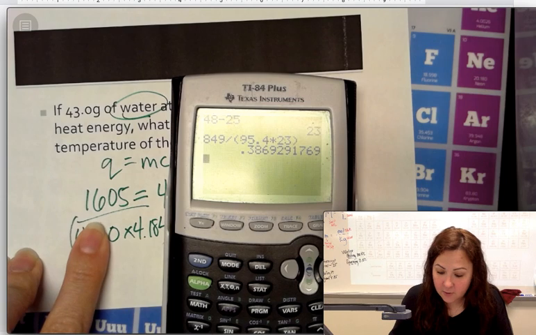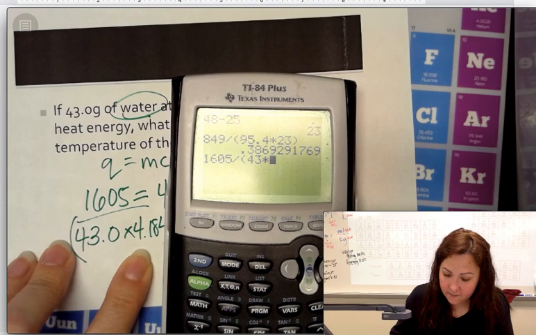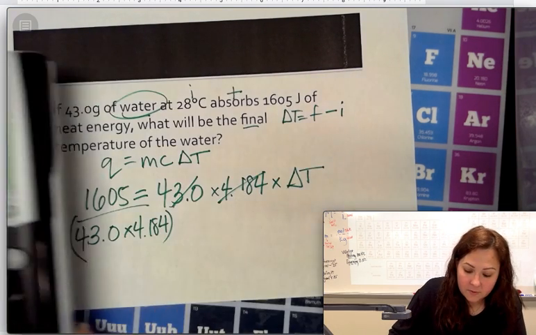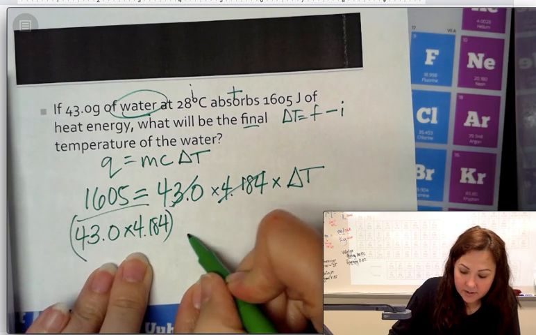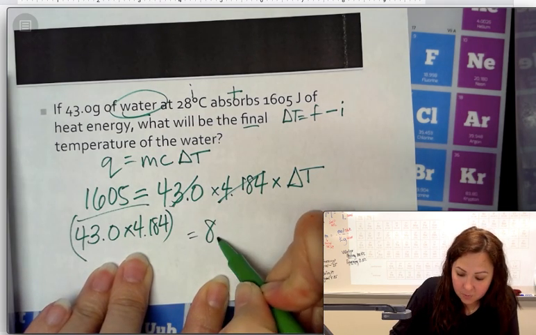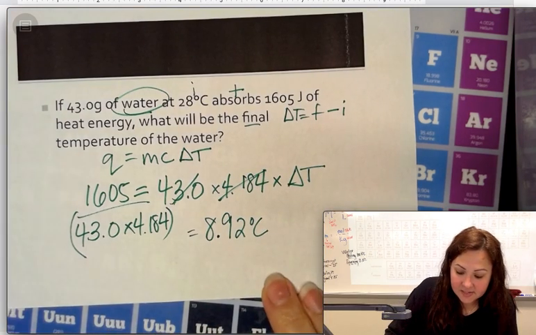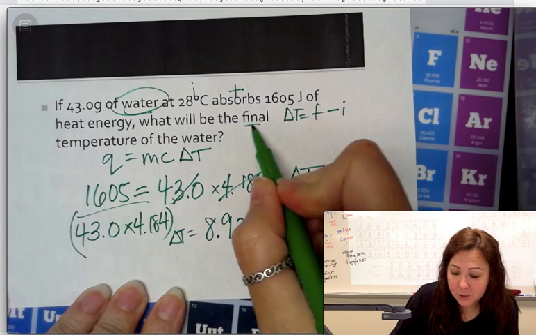So 1605 divided by 43 times 4.184. 4 sig figs, 3, and 4. That means that I need 3 sig figs in my answer, so I got 8.92 degrees Celsius for my delta T. But I'm not done yet because it wants my final temperature.